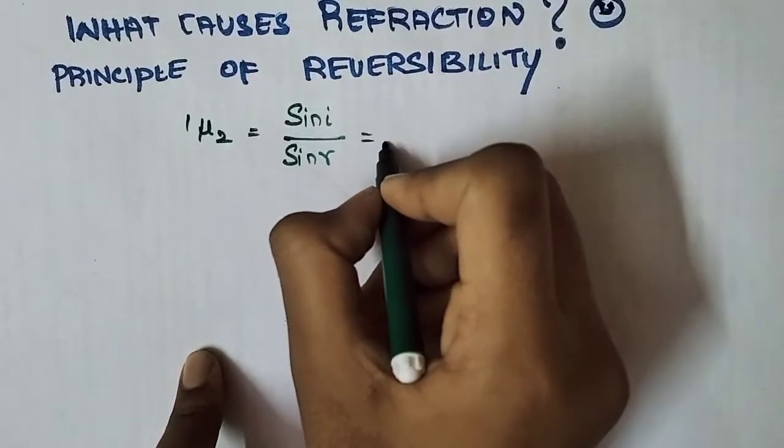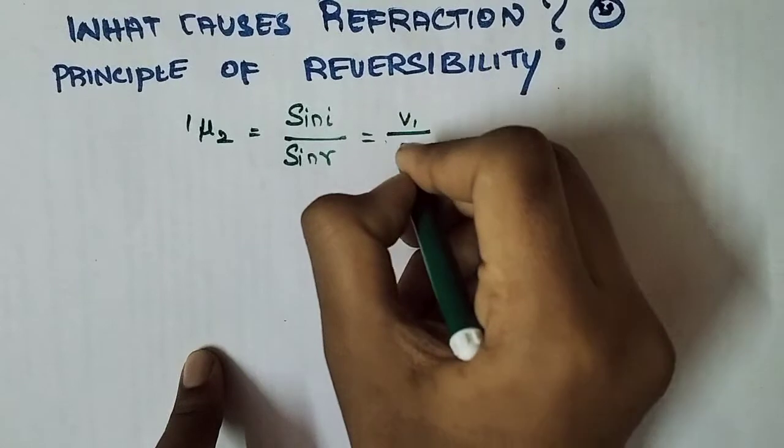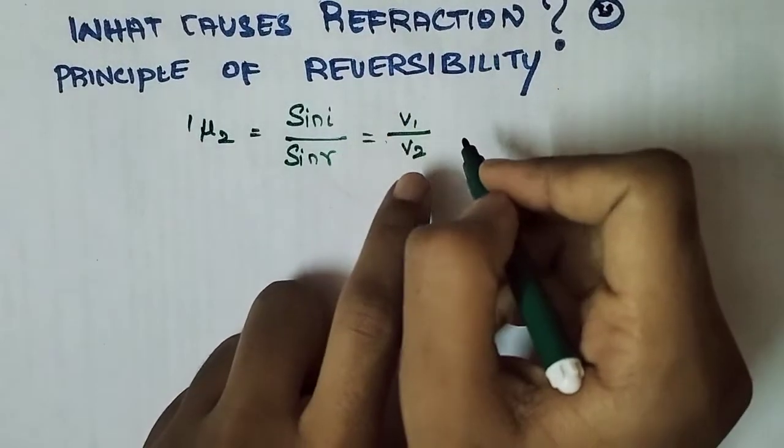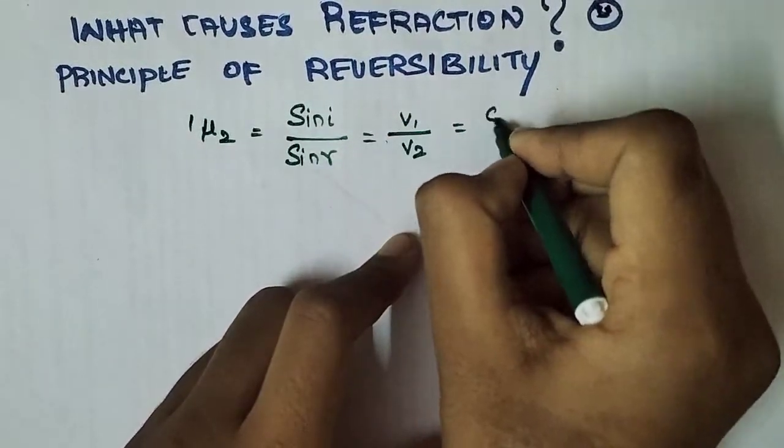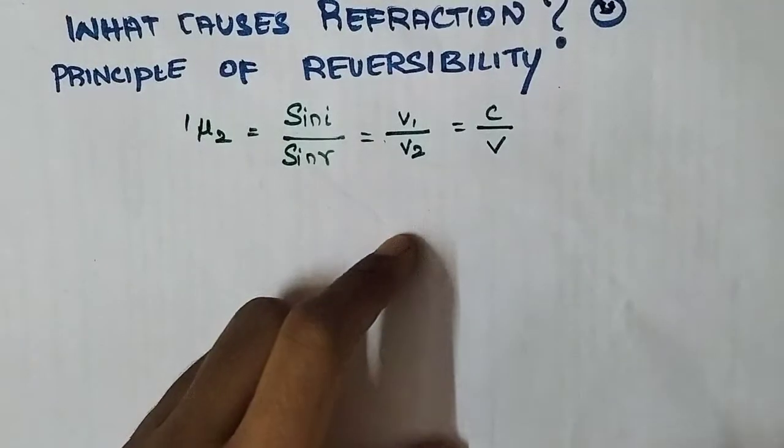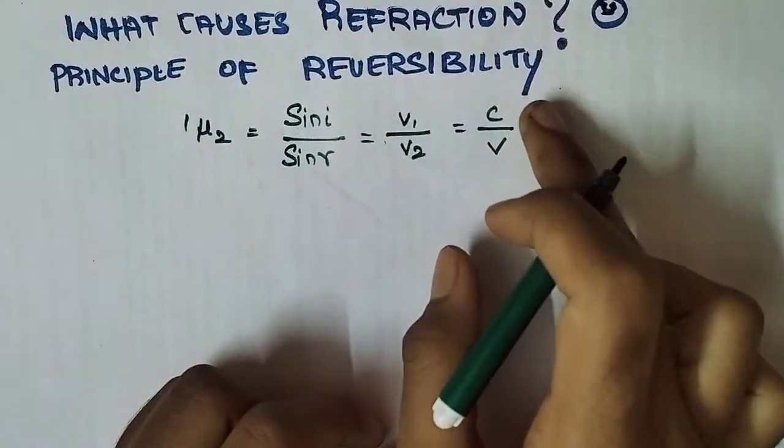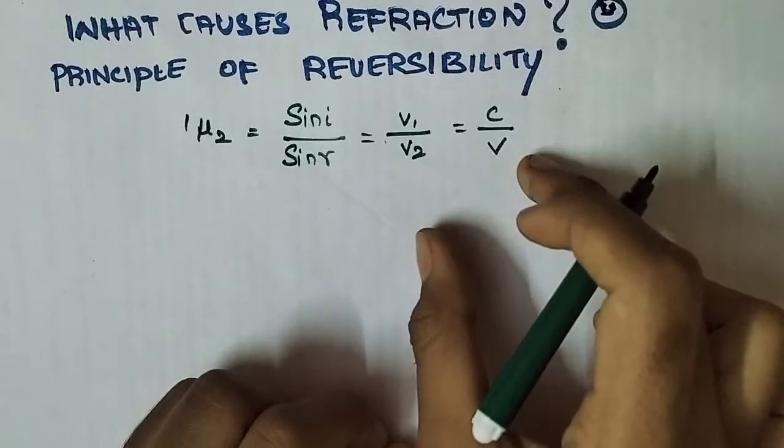According to Snell's law, it is also v1 by v2. If medium 1 is air or vacuum, then it is c by v. Correct, children? Here c is the speed of light in vacuum and v is the speed of light in the medium.